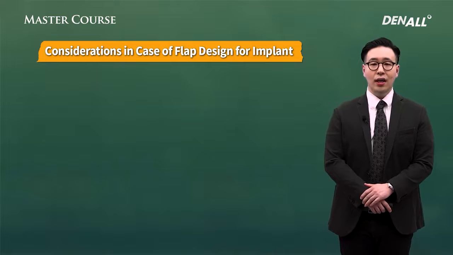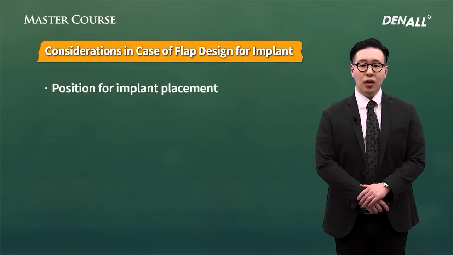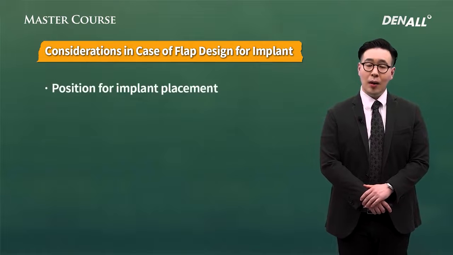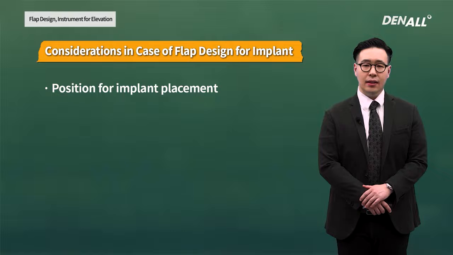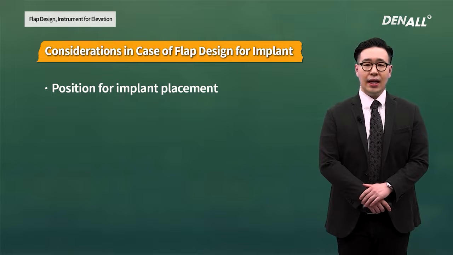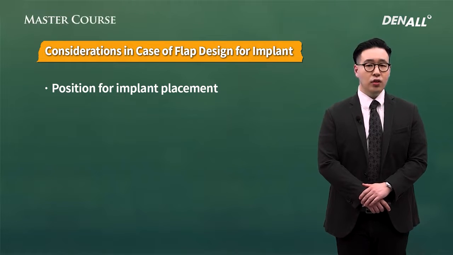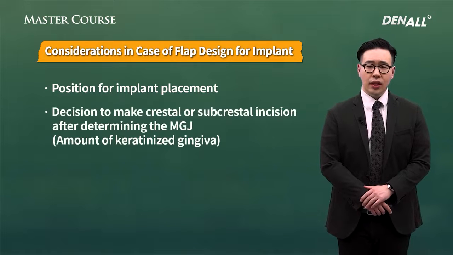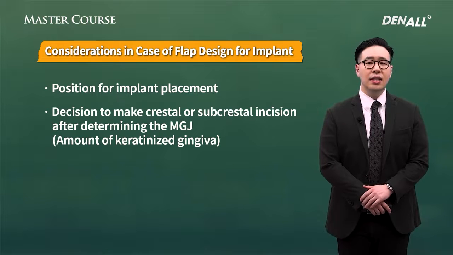Let's look at the things to consider when you're placing an implant. In the implant placement position, you need to open flap there. Therefore, the position of the incision is very important. When you make incision on the alveolar crest, when you do it more palatally or lingually, you'll be able to gain better visibility and accessibility. And the incision needs to be made within the scope of keratinized tissue.